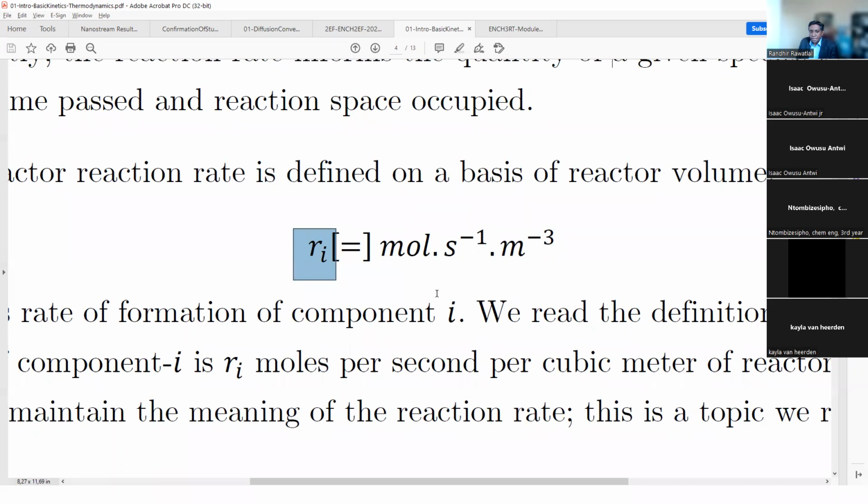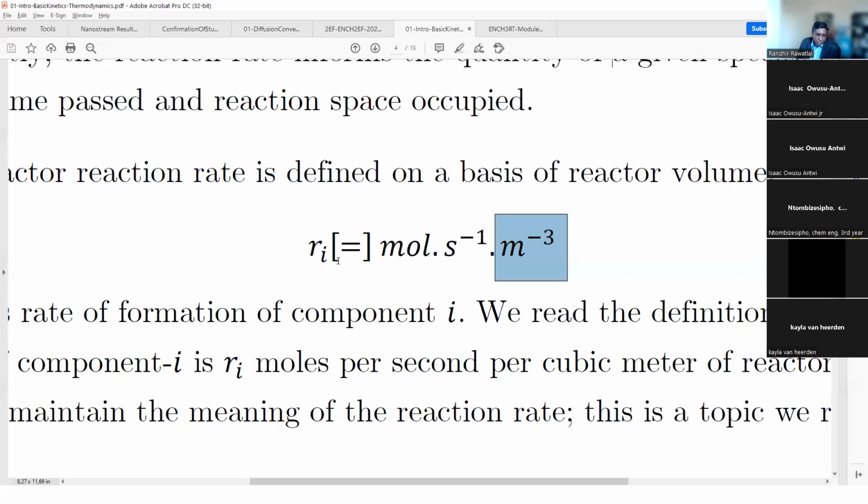Sometimes the area matters in the reactor, especially when you have little particles and the reaction is actually happening on that surface, then it's more the area that matters, but there's a way to translate to an area-based view. So our default is on a basis of cubic meters. So just be careful with that. Whenever someone says reaction rate, they mean moles per second per cubic meter. That's the default view of a reaction rate.